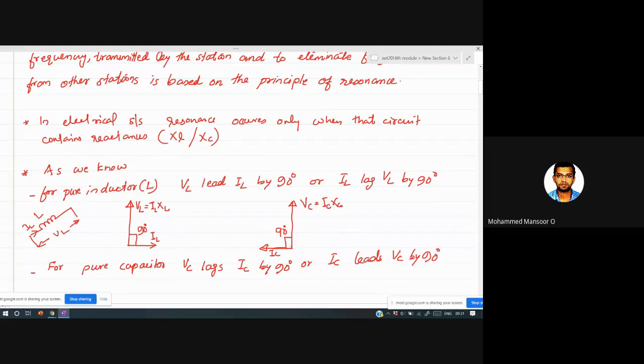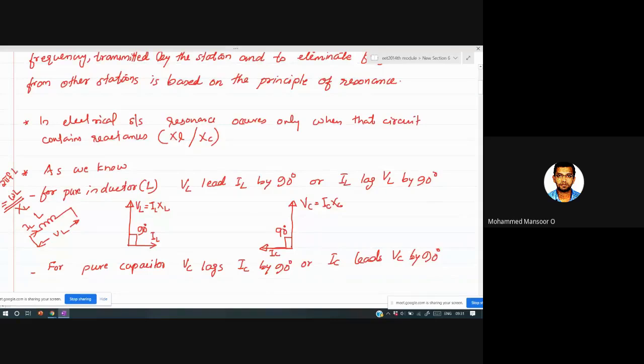In a pure inductor, as seen here, this is the phasor diagram corresponding to the inductor. We can represent inductive reactance by XL. What is XL? How to find out XL? XL is equal to omega L, where omega is 2 pi F. Clear?